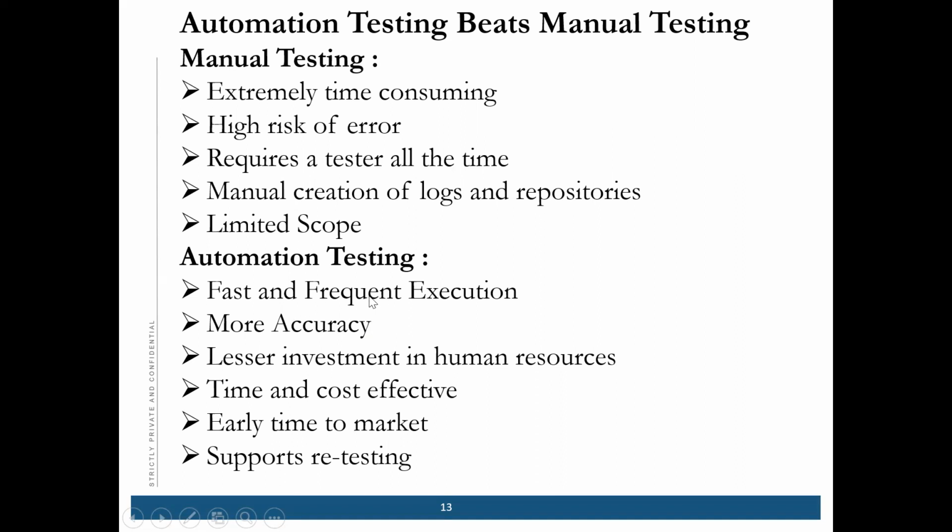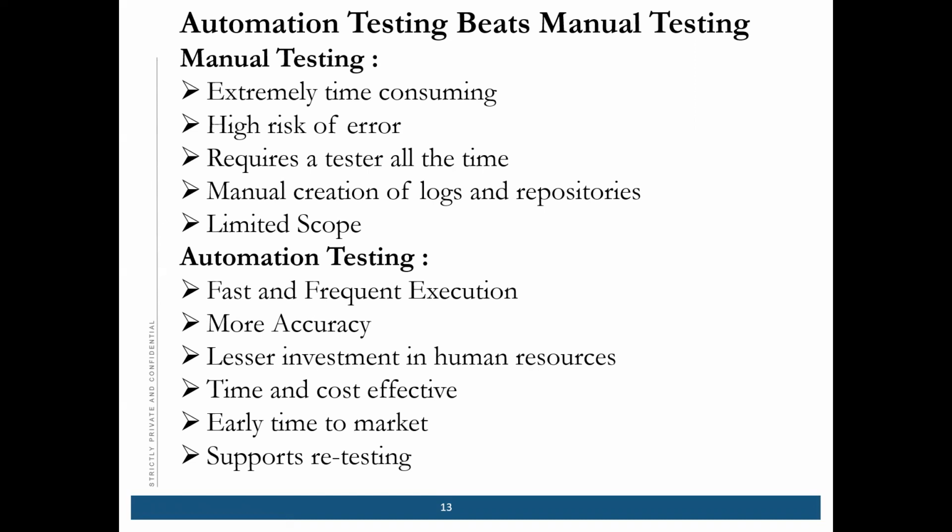Automation testing is very fast, with frequent execution. It's more accurate as it does not involve human beings, so whatever you have written in your test case will be executed accurately. There is less investment in human resource.